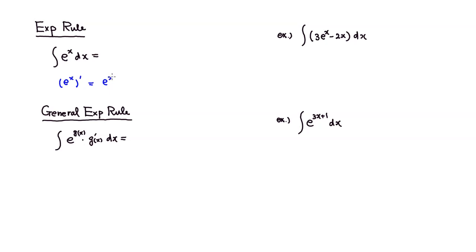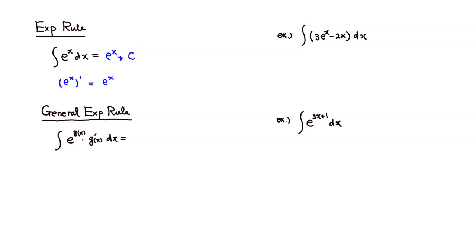This is our favorite function. Antiderivative is basically the reverse process of differentiation, so you're just going to go backward, but there's no change. The antiderivative of e to the x is going to be e to the x again, plus some constant C.